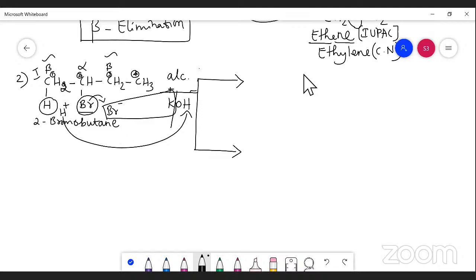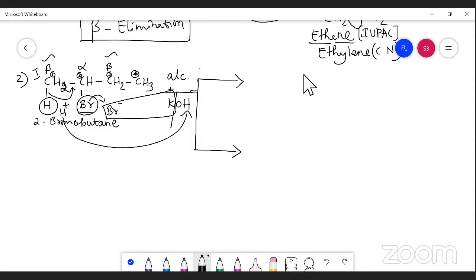Then comes the main product. From that beta carbon, I took the hydrogen, I'm just eliminating the hydrogen. Now this free bond I'm going to shift as a double bond. All elimination reactions work the same way, but you should remember which compound and how you are going to perform that reaction. So just shift the single bond as a double bond.